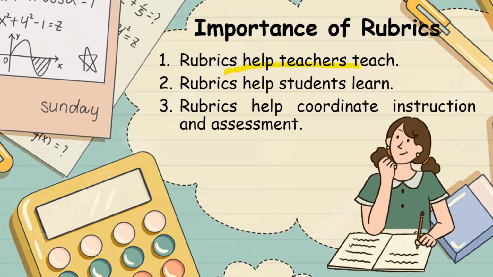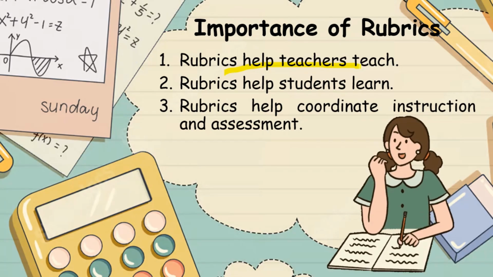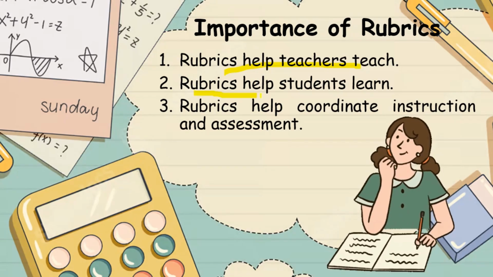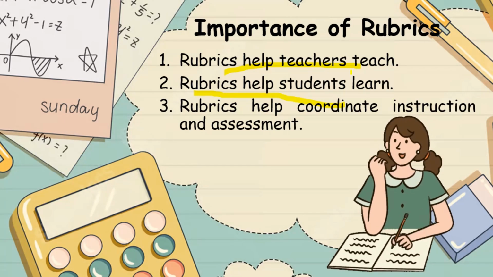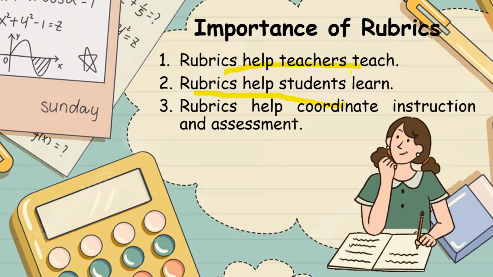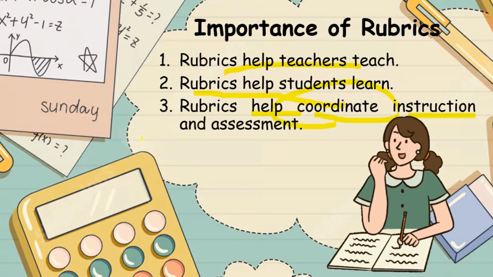When teachers develop the rubrics, they get very much clarified with the criteria by which learning will be assessed, and so will become more focused on what to teach and against what criteria student success will be measured. Number two is rubrics help students learn. The criteria and performance level descriptions in rubrics help students understand what performance and criterion of performance are expected of them. Number three is rubrics help coordinate instruction and assessment.